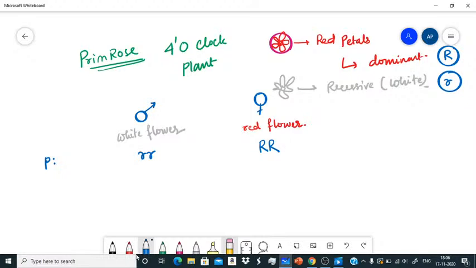Now just tell me what will be the F1 generation. I'm not going into the gamete writing and all that, because I know that you already have learned enough of monohybrid cross, right? So what will be the genotype of the F1 generation?